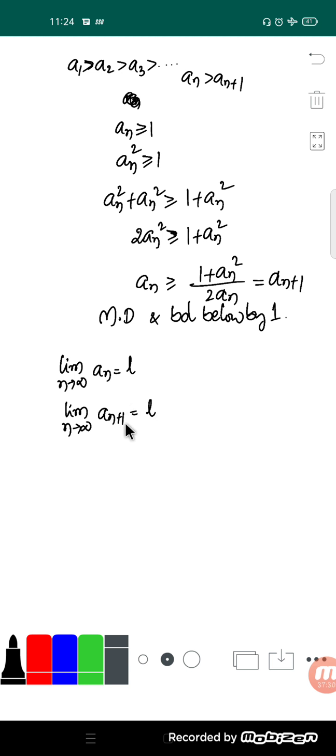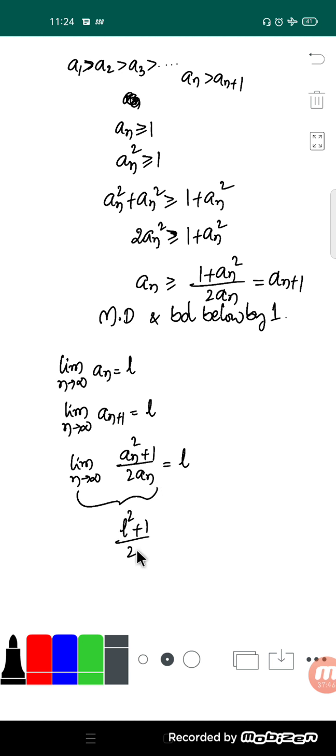But an plus 1 is (an square plus 1) by 2an, that is equal to L. The limit we get here is (L square plus 1) by 2L equals L. So we have L square plus 1 is 2L square.